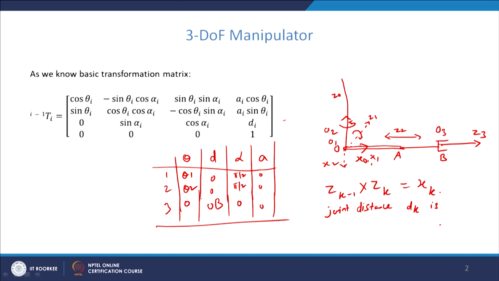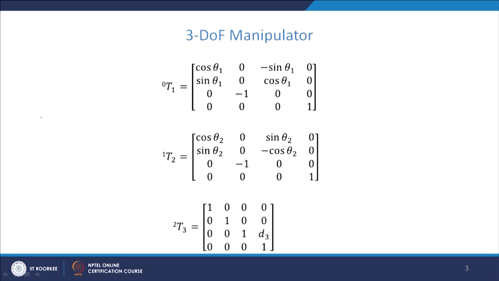So, if you take the first joint, theta 1 and d1 is 0, alpha 1 is pi by 2 and a1 is 0. If you substitute these values in I equal to 1, we get the matrix 0 T1.